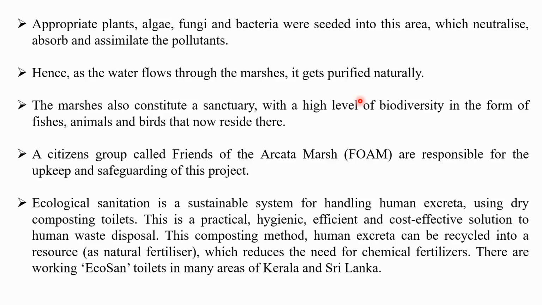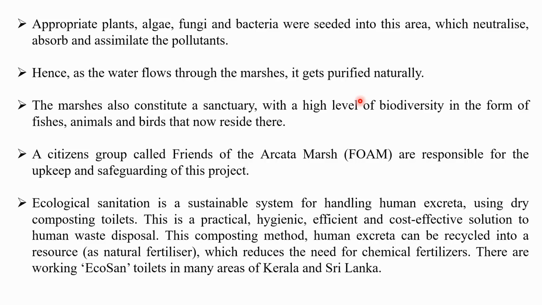In this composting method, the human excreta can be recycled into a resource which acts as a natural fertilizer and reduces the need for chemical fertilizers. So basically it is acting in two ways. Firstly, it is reducing the use of chemical fertilizers by substituting them with natural fertilizers.